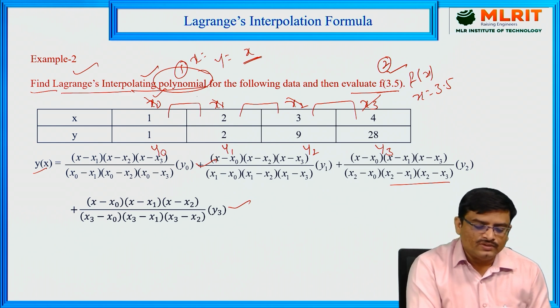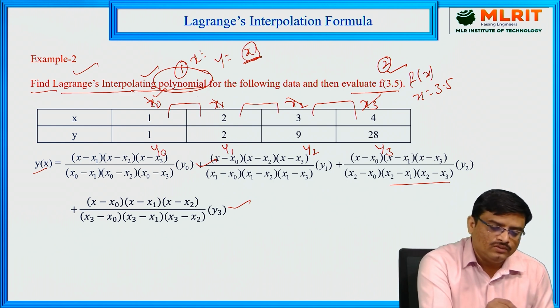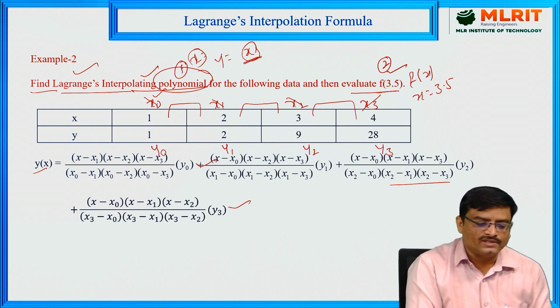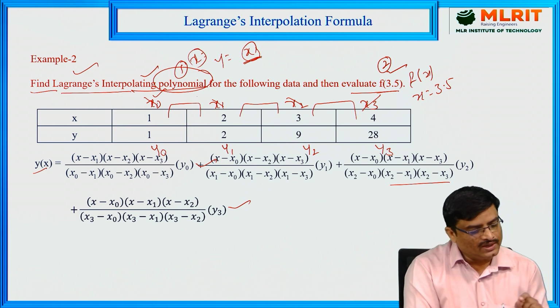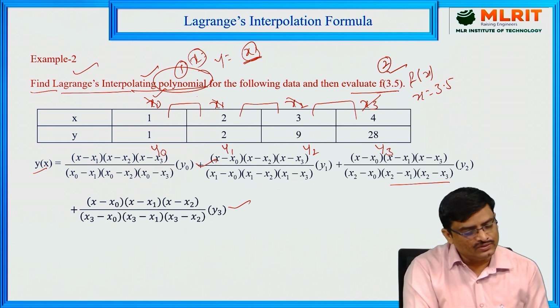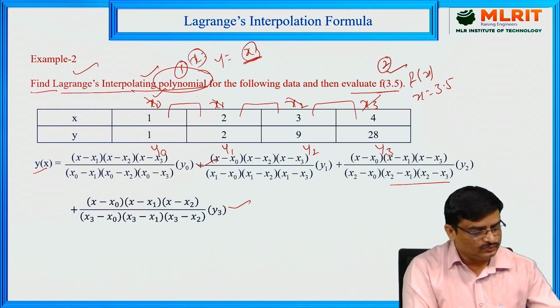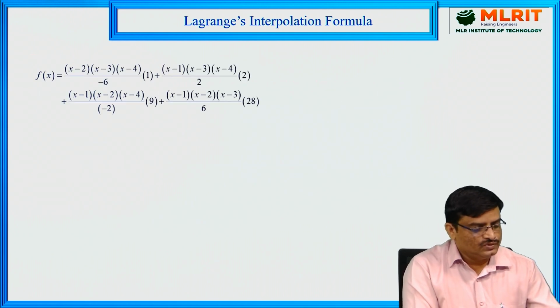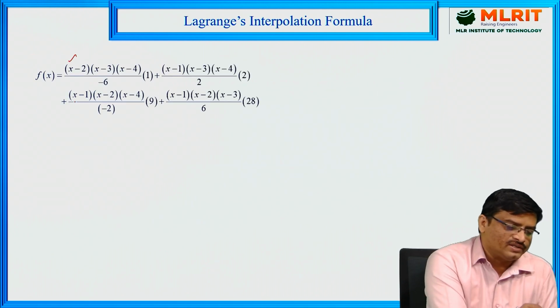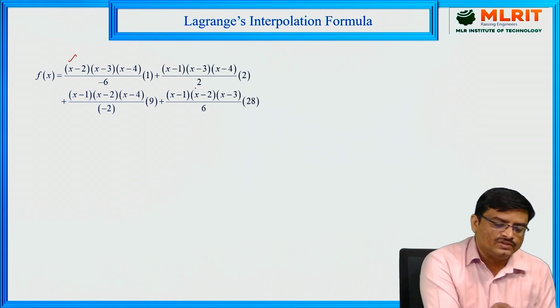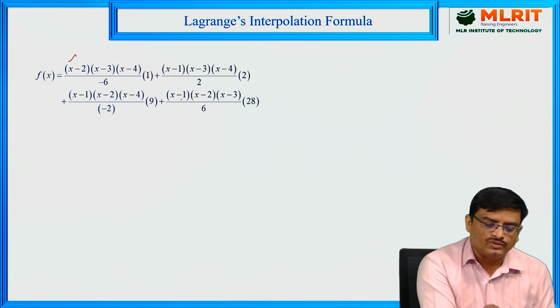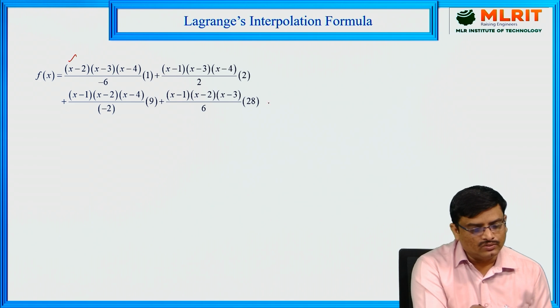To get y in terms of x, there is no need to substitute anything for x. Keep x as it is, and substitute the remaining values from the table. So I have not substituted anything for x. I have substituted the remaining values: x0, x1, x2, x3, y0, y1, y2, y3.